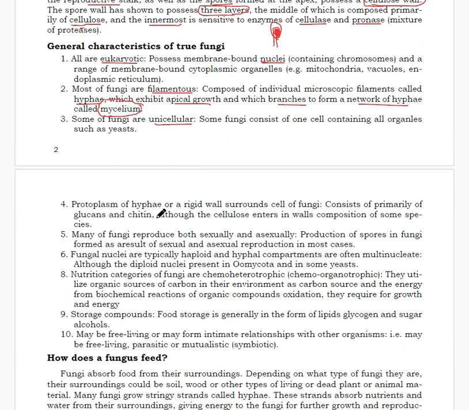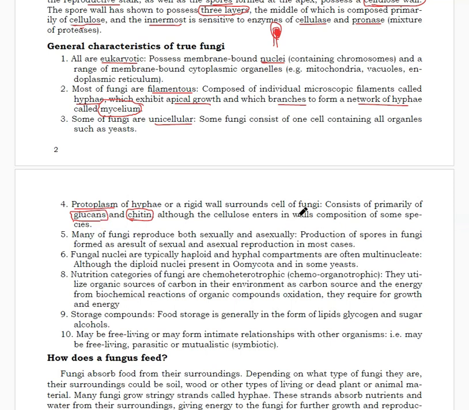The protoplasm of hyphae is surrounded by a rigid wall in the cell of a fungus. This consists of glucans and chitin. Please remember it consists of glucans and chitin.